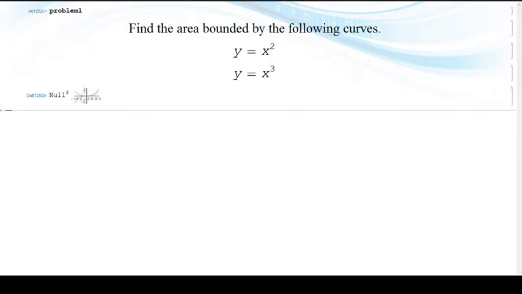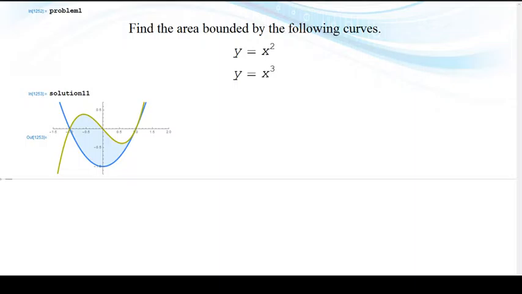So here we go. Here is problem one. We are going to find the area bounded by the following curves. They are x squared and x cubed. I have a graph here of this situation.